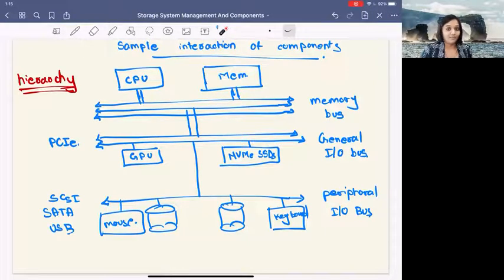Not much, because this extension bus might not be fast enough for a few devices, and it might be too fast for a few devices. So somebody in our ancestors or somebody in olden age came up with a smart idea of hierarchy. Let's keep the devices that are fast near to the compute with a small fast bus.